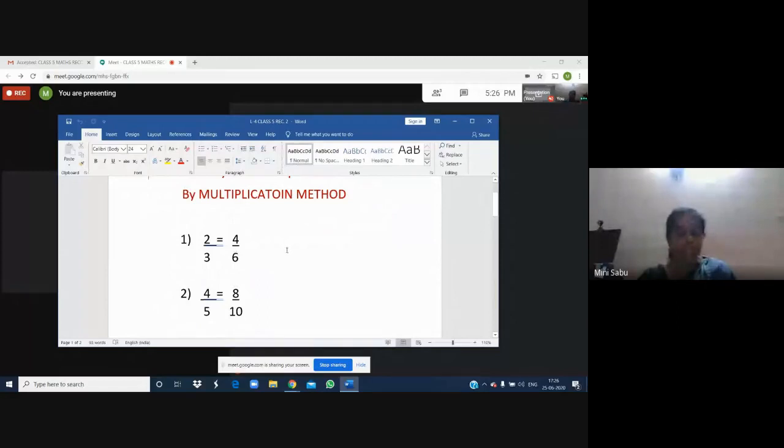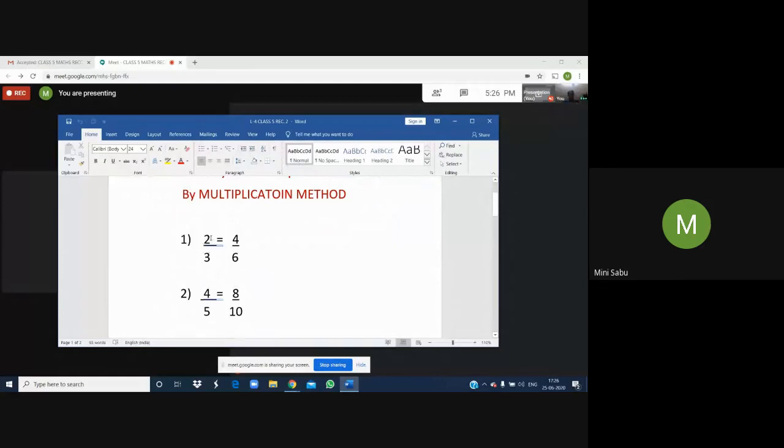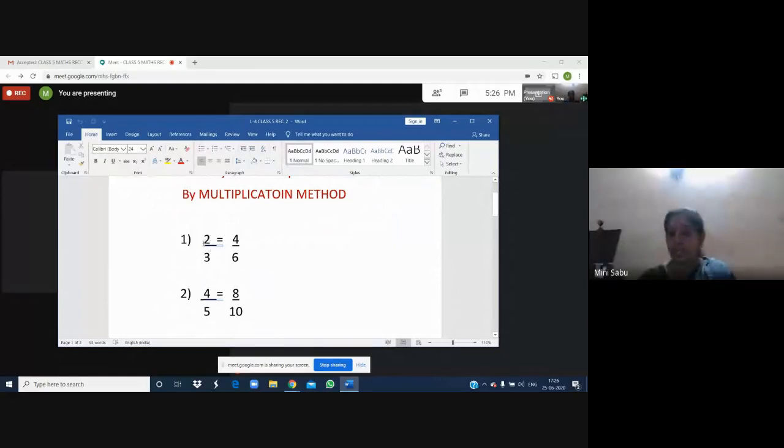So we can multiply by any number. Suppose you multiply this 2 by 100 here. What will you get? 200. Then 3 also multiply by 100. What will you get? 300. So you are getting a new fraction, 200 upon 300. That is also an equivalent fraction. So children, how many equivalent fractions can you make for a fraction? So many. By the multiplication method, we can make so many.